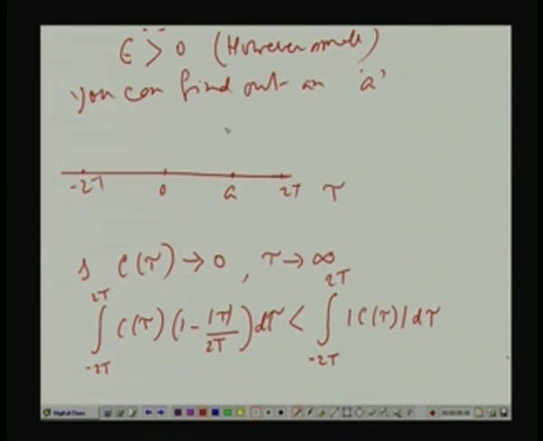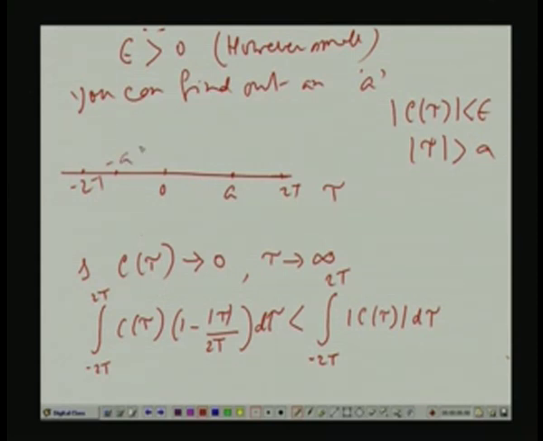So, that means, mathematically speaking, you can find out A, so that mod C tau less than epsilon for mod tau greater than A. That is, tau can be to the right hand side also or this side also.